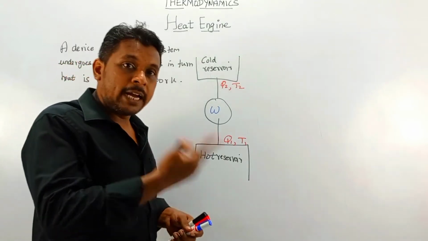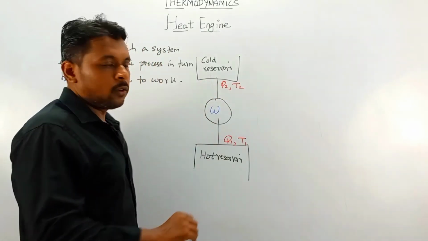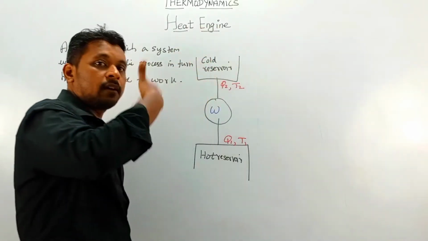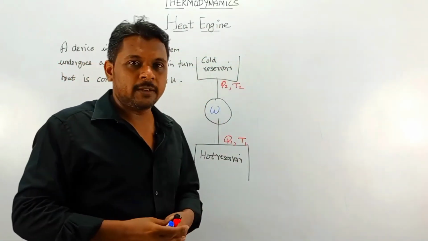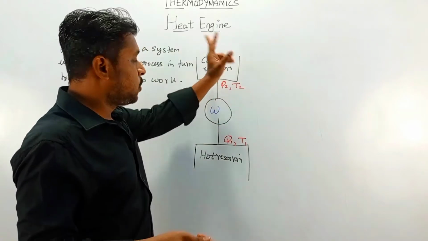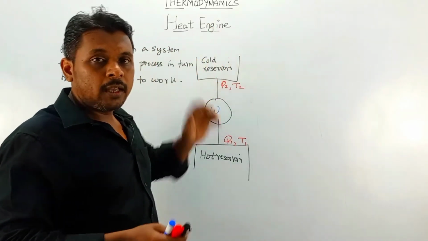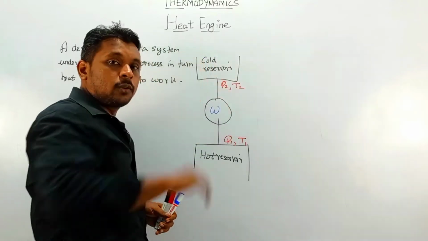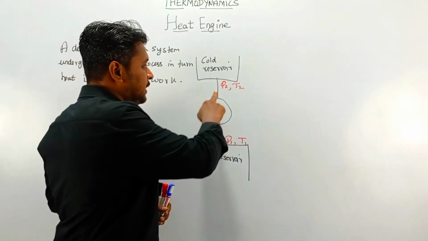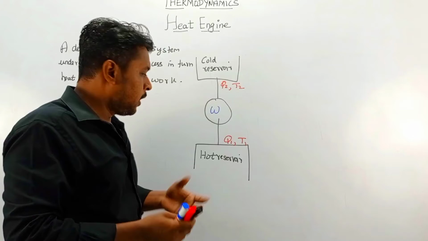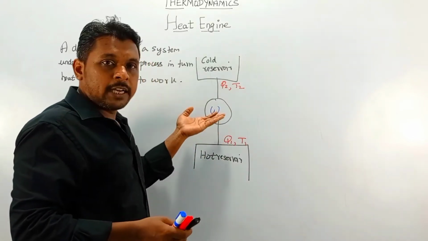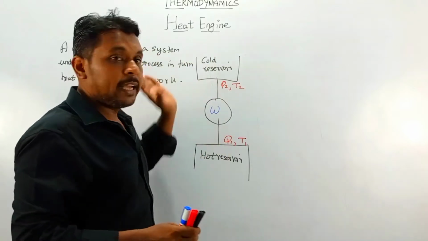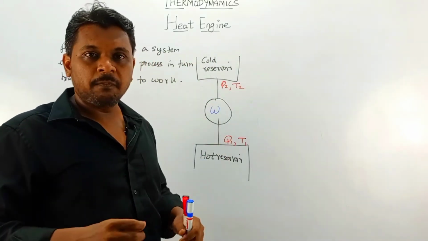After the work is done, the excess heat is sent to the external reservoir or atmosphere at temperature T2. The amount of heat sent to the external reservoir is Q2. So heat is given as input, some work is done and excess heat is sent to the atmosphere. This is the layout of a heat engine.